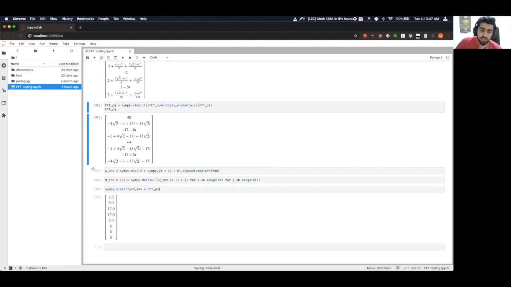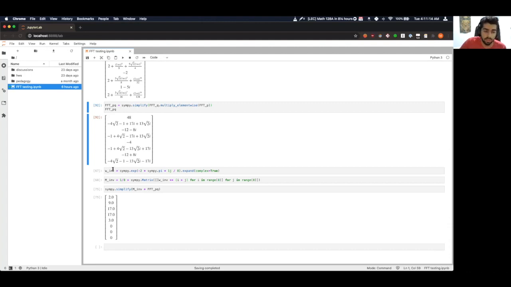Okay, and so this last part is the polynomial interpolation that I mentioned before. And I won't go through this in too much detail because I think this video has already gone pretty long. But in essence, for polynomial interpolation, you take the omega that you were using before, you invert it.